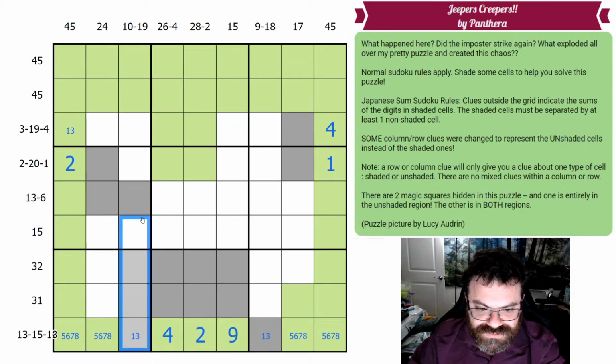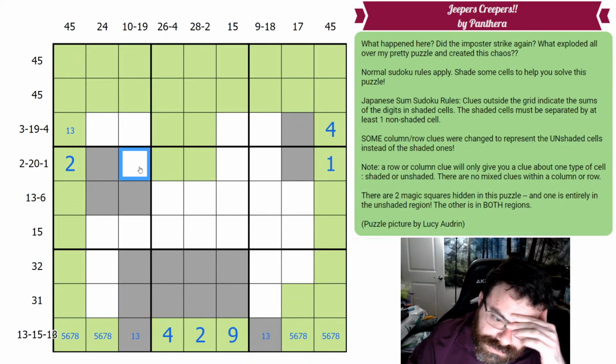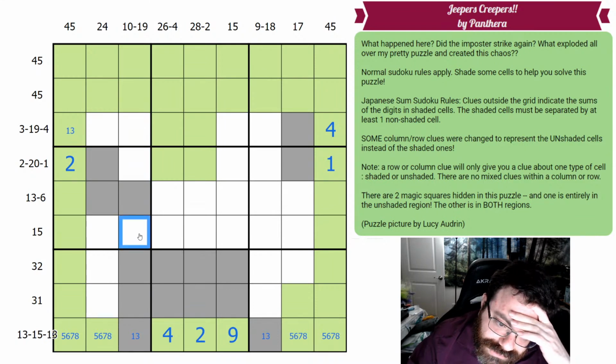Yeah, there's lots of ways for it to be 5 long. But we need 10. If this were 5 long, we wouldn't be able to fit the 10 in, so it's not going to be 5 long. Which means this is green. That has to be green.